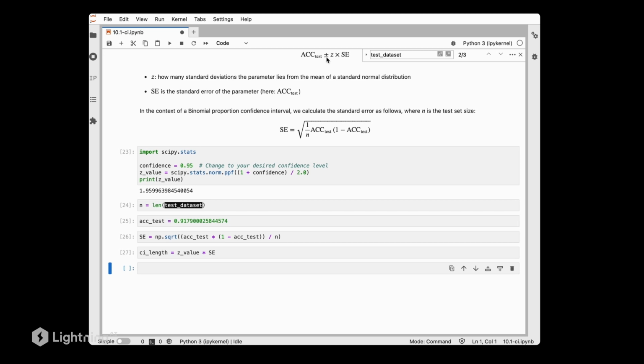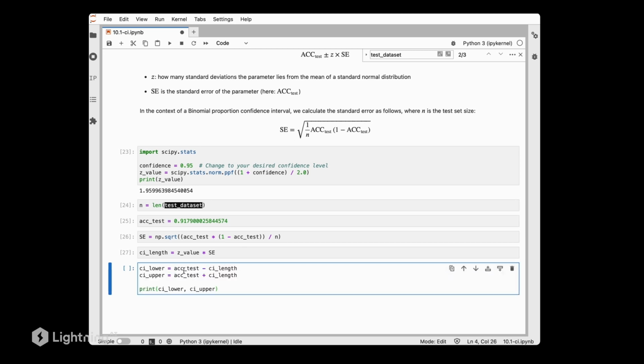And then it's plus minus. So essentially we have accuracy minus this length of the confidence interval, and accuracy plus the length of the confidence interval. So this confidence interval is symmetric. The left and the right-hand side, or the lower and the upper part, will be identical.